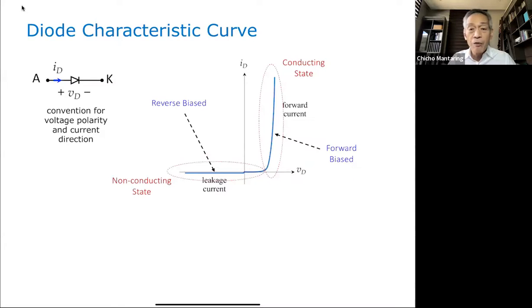One is forward biased and reverse biased. And what differentiates forward biased and reverse biased is that when we say it's forward biased, that means V sub D is greater than 0. And when we say it's reverse biased, this is V sub D is less than 0.